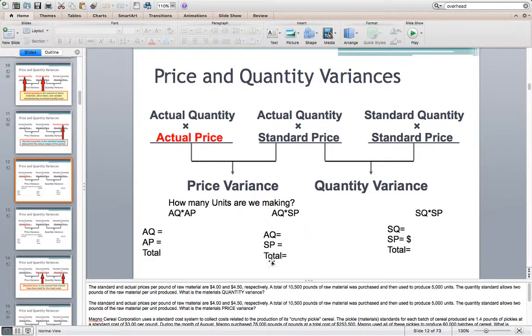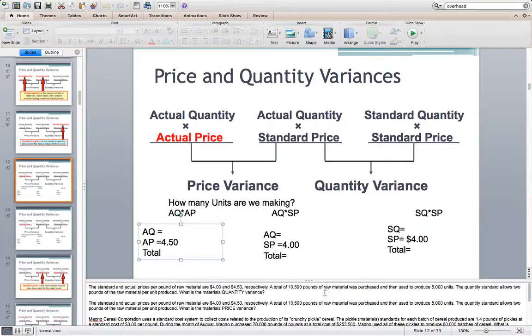The standard price was $4, and the actual price was $4.50. Prices are normally on a per unit basis, while the quantities are on a total basis. Just remember that the quantities are normally a total basis, and the prices are per unit.